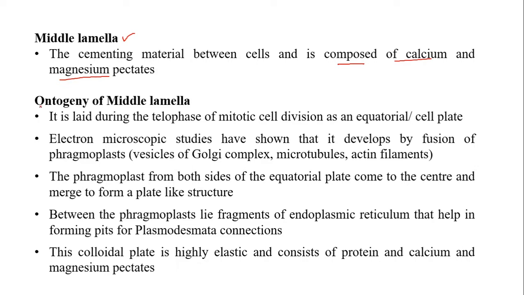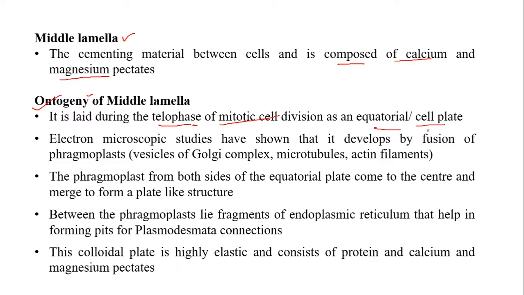And what is the meaning of ontogeny of middle lamella? Ontogeny is how the middle lamella is formed and when it is formed. The synthesis of middle lamella. Middle lamella is usually formed at the end of the mitotic phase, that is in the telophase of the cell division. It is formed near the equatorial plate and is called the equatorial plate or the cell plate.